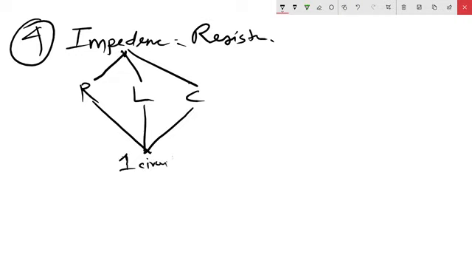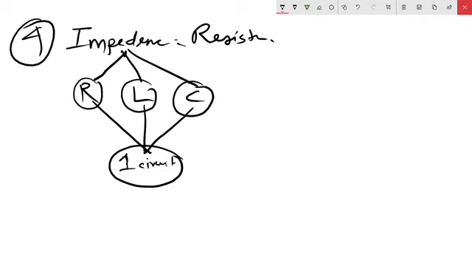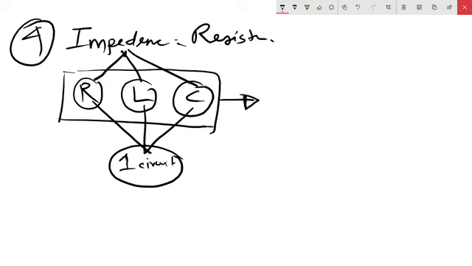So if you calculate the restriction to the flow of current within the resistance, the inductor and the capacitance, and combine these three values, that restriction to flow is termed impedance in alternating current.